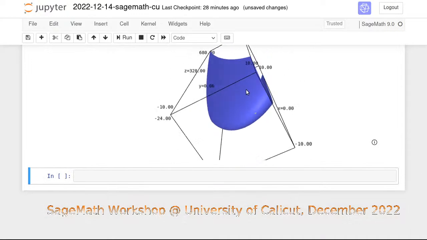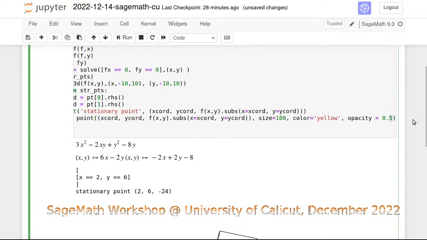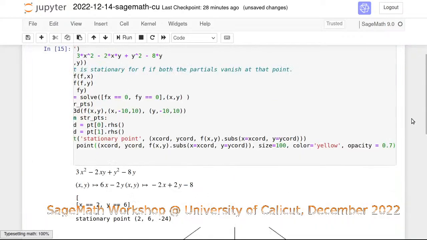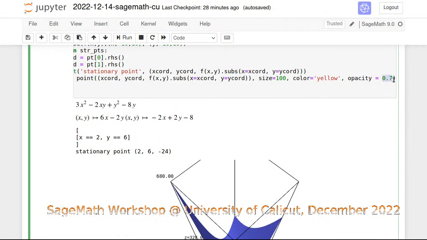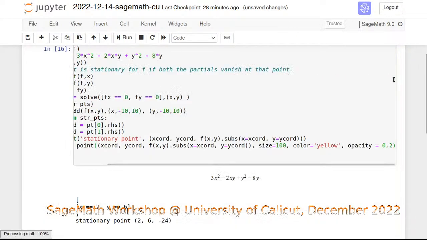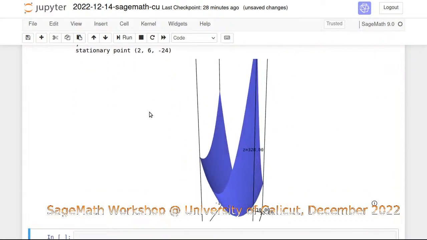As it becomes somewhat transparent, I guess so. Let us try to increase that transparency. Oh, am I decreasing the transparency or what? I don't know. 0.2. But it doesn't seem to have any effect, right?